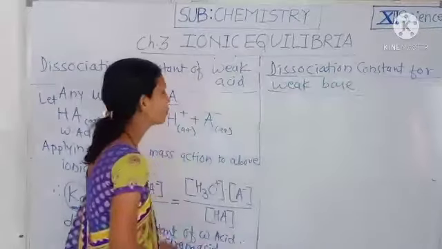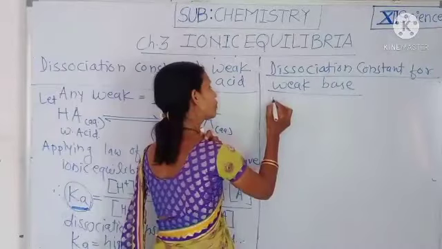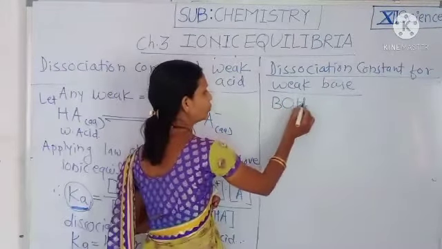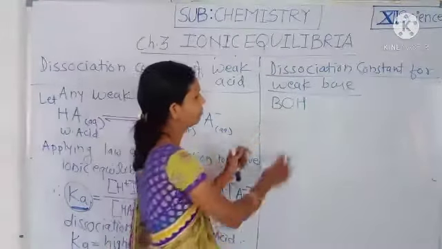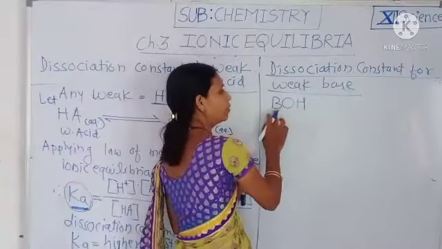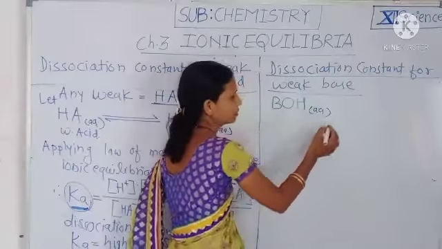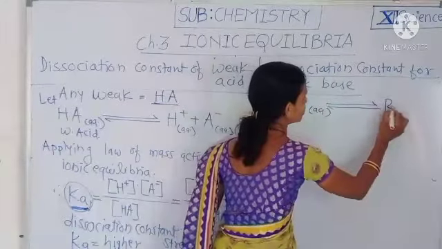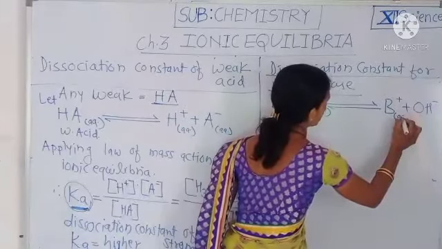Dissociation constant for weak base. For any base, the general formula is BOH. See here, BOH is a general formula for any weak base or any base. When the base is dissolved in water in aqueous medium, it dissociates to give B plus and OH minus ions.